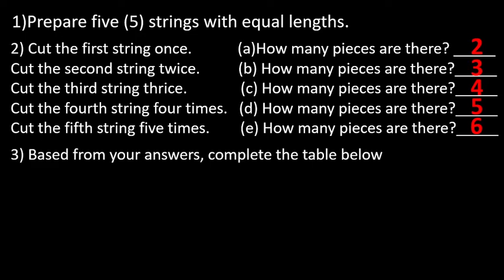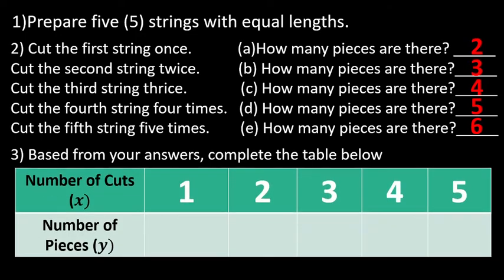Based from your answers, complete the table below. Okay, let's create a table in which the first row are for the number of cuts represented by X. And the second row are the number of pieces represented by Y. Paano makukuha yung Y? Kapag ginawa mo na yung X. Sabi niya, for the number of cuts, if you will cut it once, isang beses lang, ilan ang piraso na ma-achieve natin? 2.